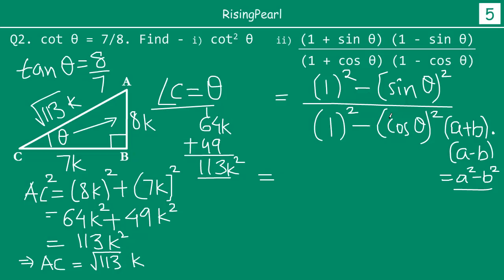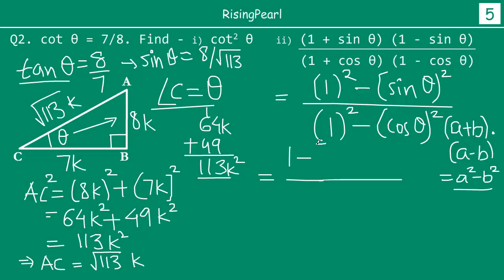Now here, friends, let's continue with our question here. So 1 square is 1 minus what is sine theta? So if tan theta is this, what is sine theta? We have to now find out the value of sine theta and then put it in this expression, right? So sine theta here is what? Sine theta is AB by this. So sine theta is actually 8 by square root 113.